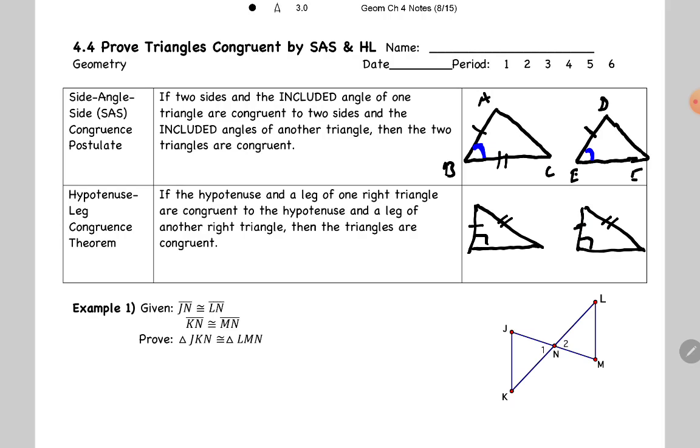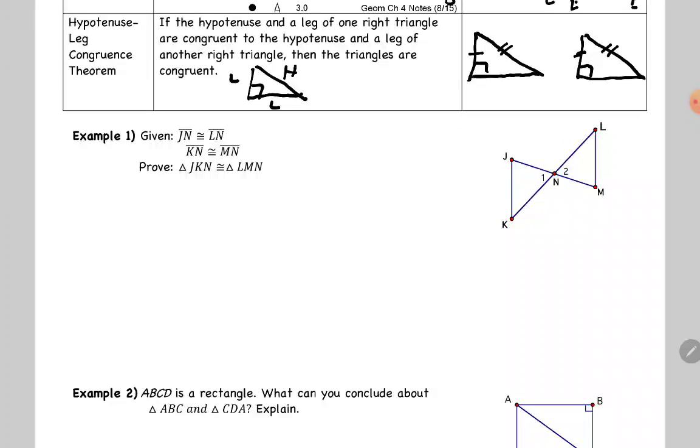In a right triangle, let's draw it out here, we have the hypotenuse and then two legs, usually a long leg and a short leg, and then we have a right angle. So if we show that the hypotenuse and one of the legs are congruent, then the two triangles are congruent. Okay?